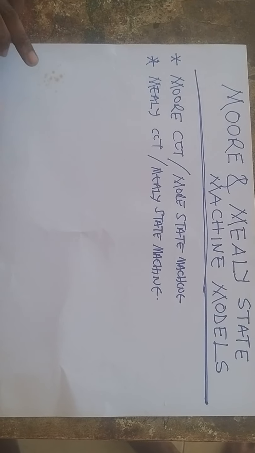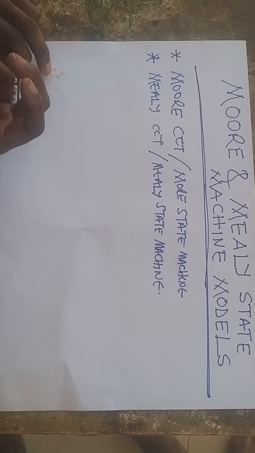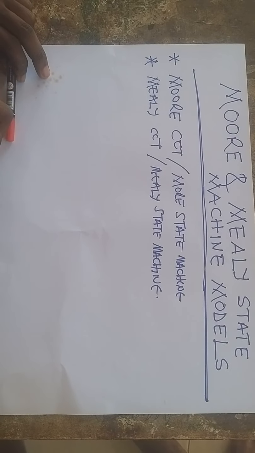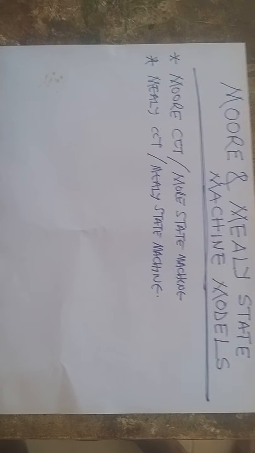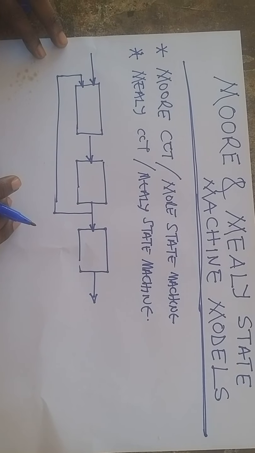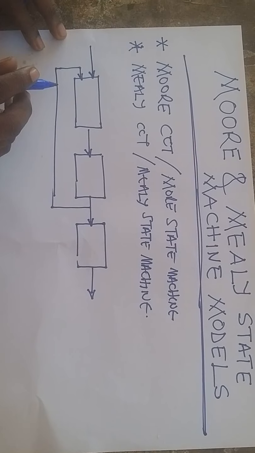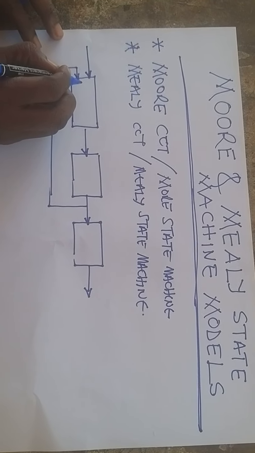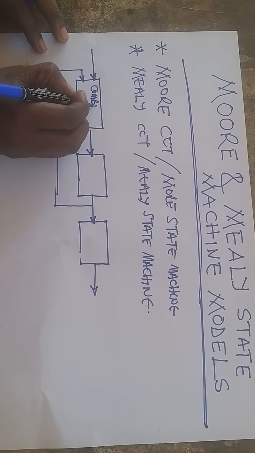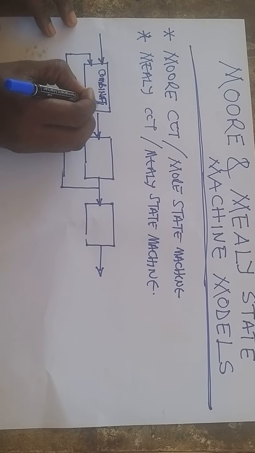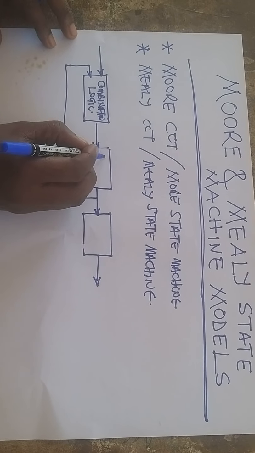Okay, so I'm going to draw a diagram for the concept of the Moore state machine, and then we'll see how that looks. So you see this block diagram. Now this is a combinational logic. Now this is the memory.